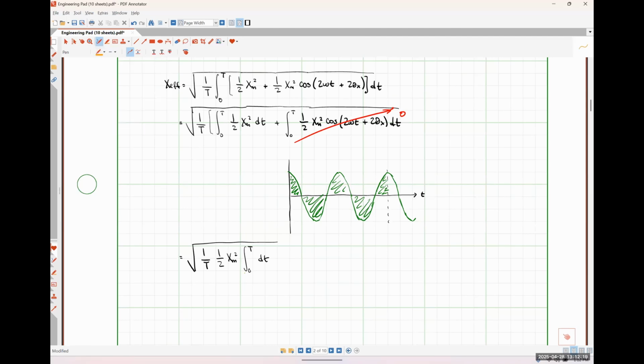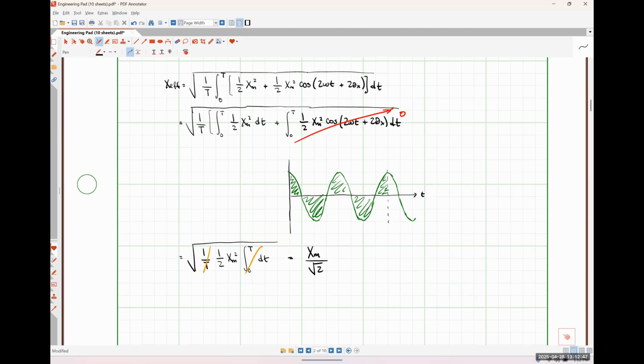So this integral cancels this 1 over t, and it just leaves me with xm divided by the square root of 2. Okay. So for a single frequency sinusoidal signal, the effective value is always just going to be the magnitude of that sinusoid divided by the square root of 2.